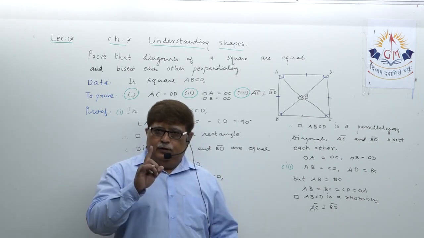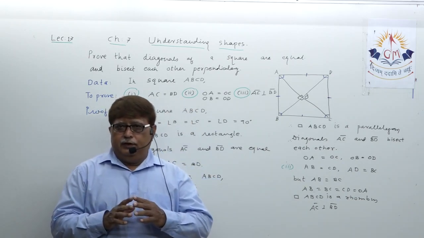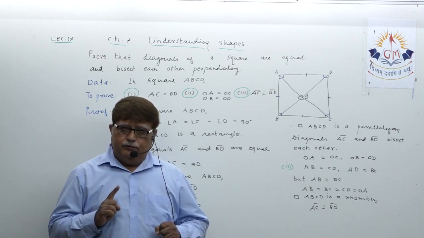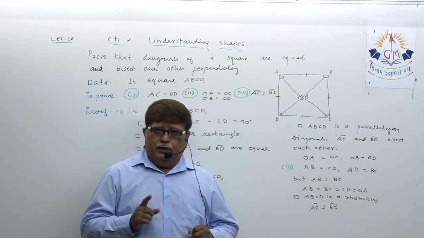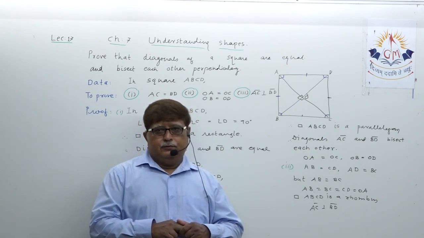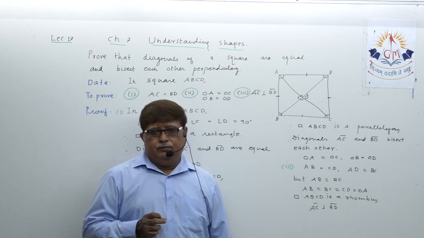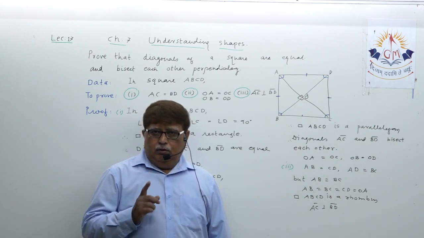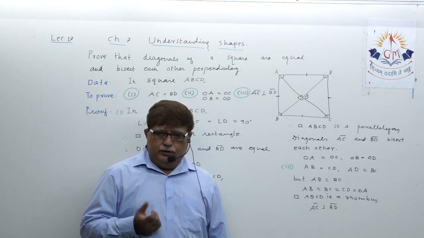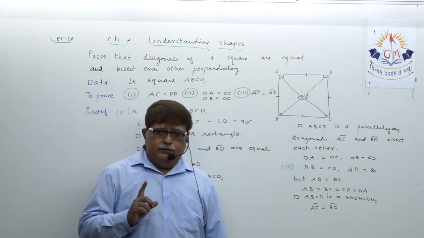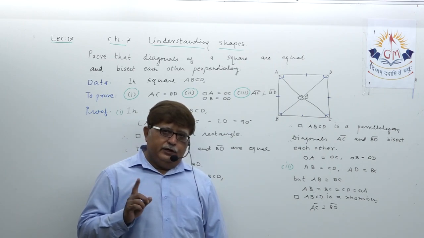properties of a square. First, opposite sides are parallel.